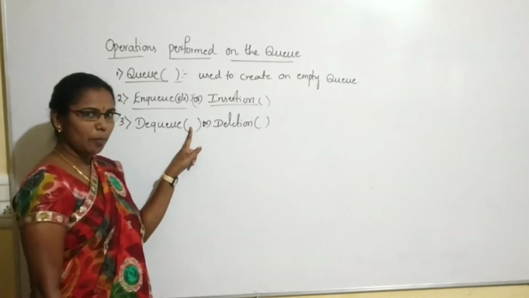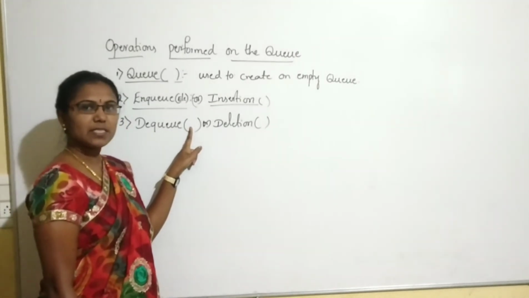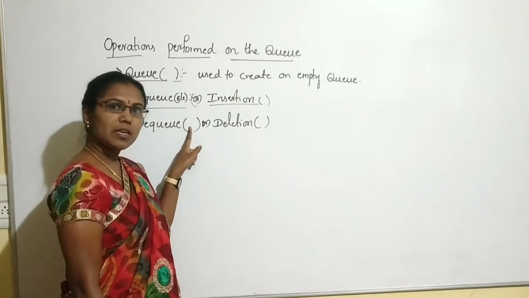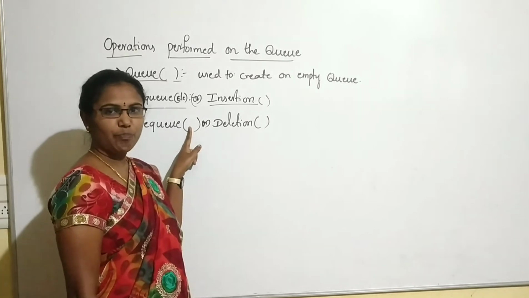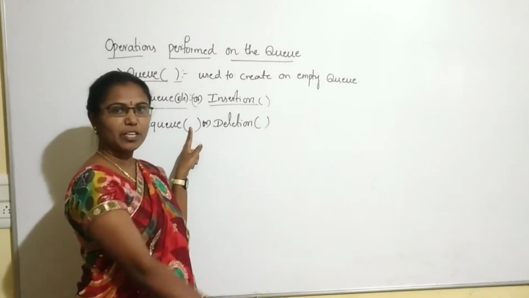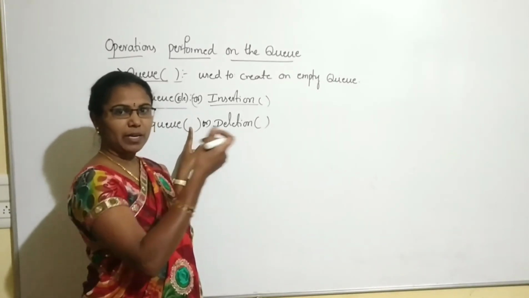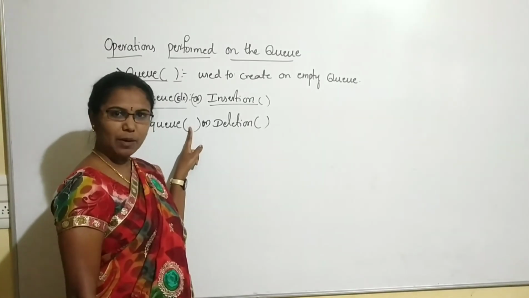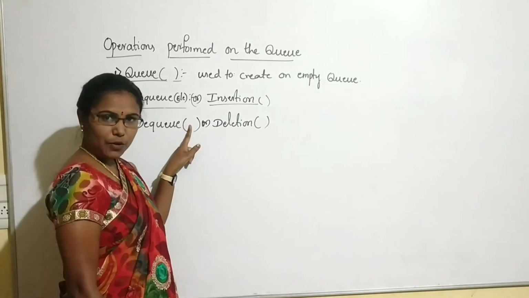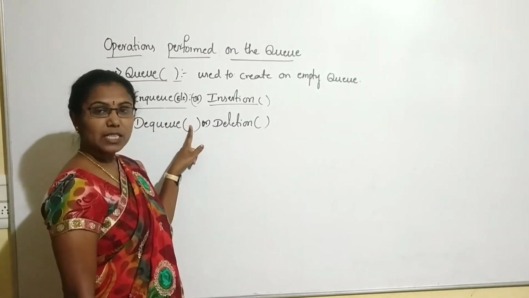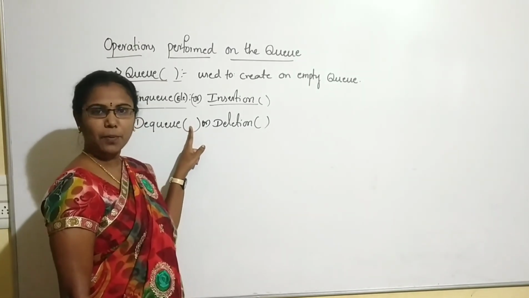See here, we are not passing any parameters. But it should return the deleted element from the queue. Whichever element goes out from the queue, that element will be returned to the program.